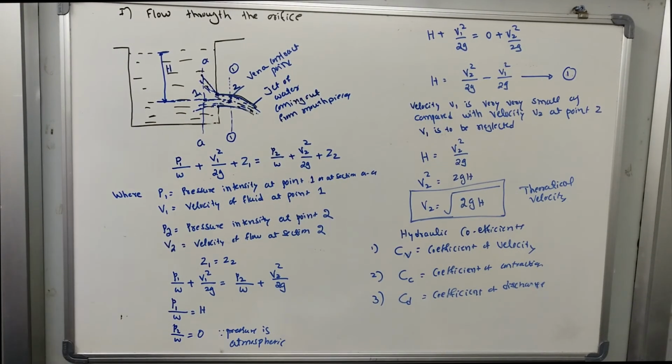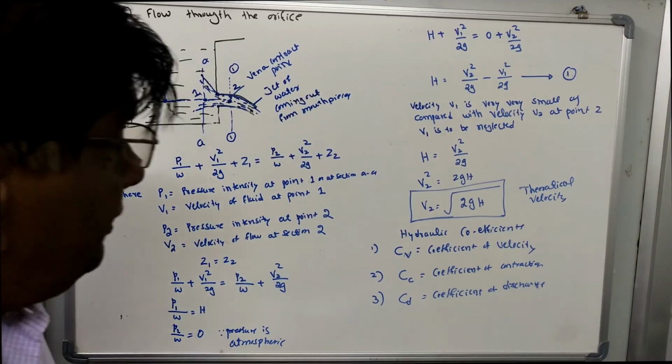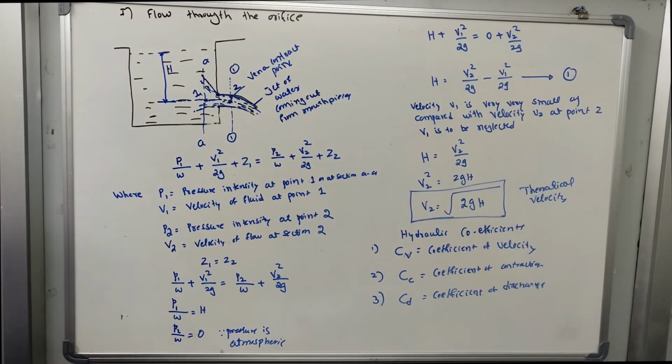So to get the actual velocity and actual discharge through the orifice, we use some hydraulic coefficients. Those hydraulic coefficients are coefficient of velocity, coefficient of contraction, and coefficient of discharge.